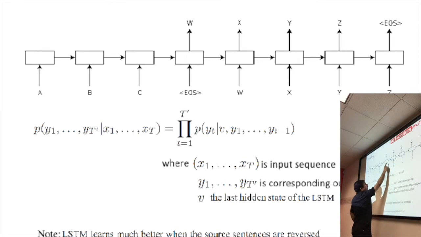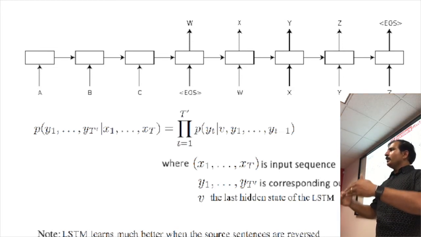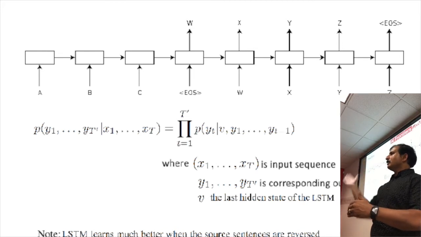Just before the summarization starts, the model is looking for a special token, in this case an end of sentence token, and the moment you introduce that, it knows that now my job to summarize, my job of translation starts, and it starts outputting.